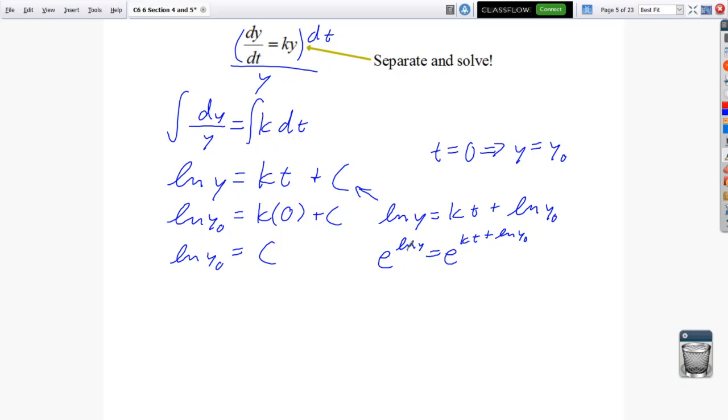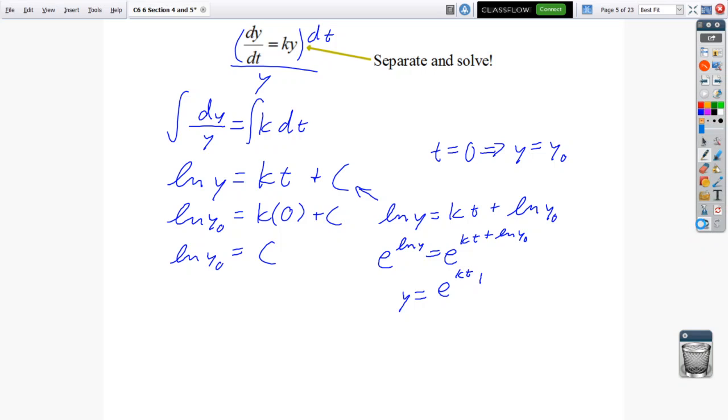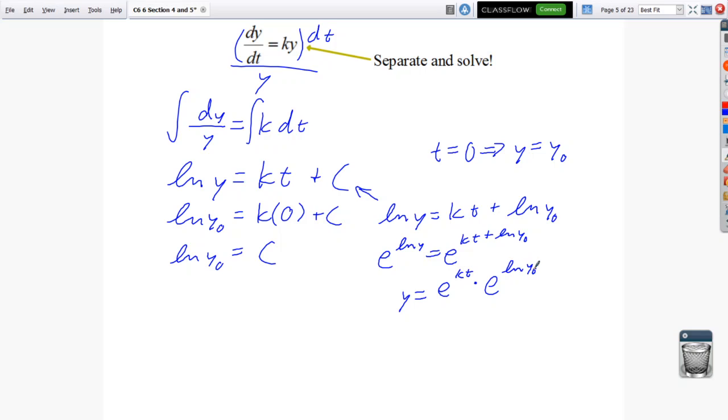I mean, e to the ln of y, those cancel out. We're left with y is equal to, I can rewrite e to the kt plus ln of y naught as e to the kt, not plus, using my exponential rules, times e to the ln of y naught. So again, that's just like an algebra 2 kind of situation.